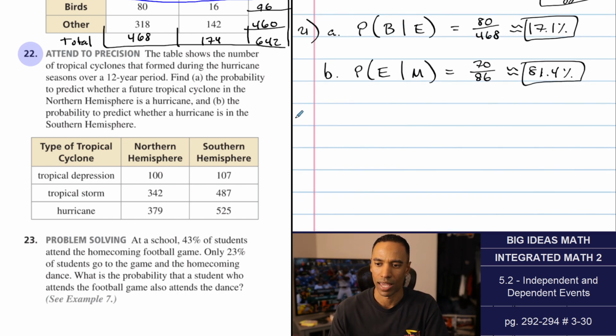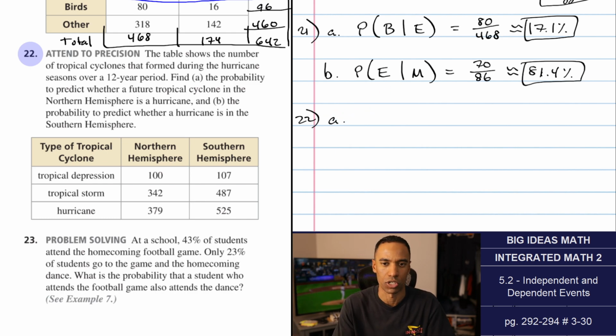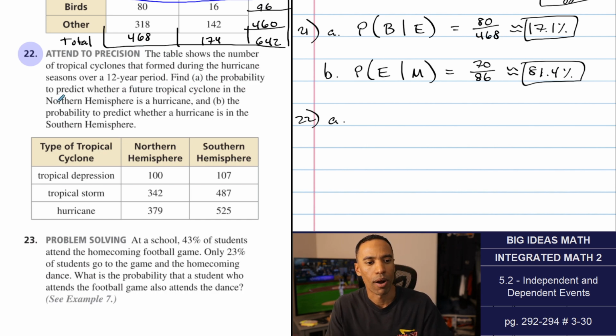So let's look at how that conditional aspect is working this time. Again, they don't tell you it's conditional, but what they say represents conditionality. Probability to predict whether a future tropical cyclone is a hurricane. So, type of tropical cyclone in the northern hemisphere.